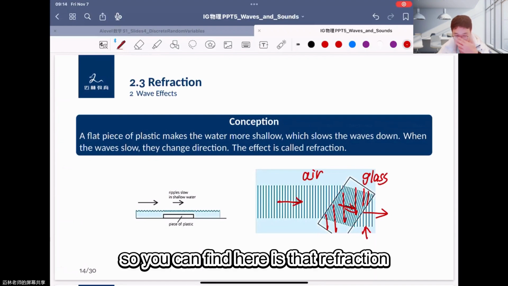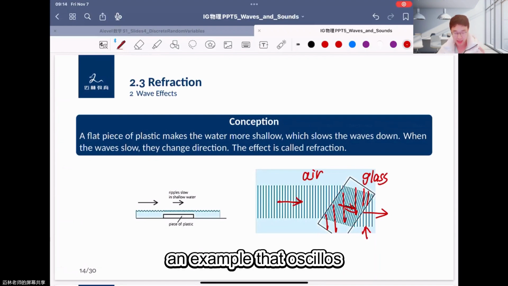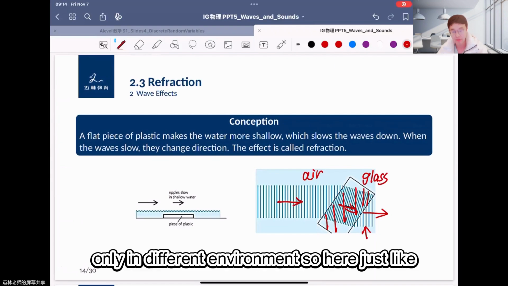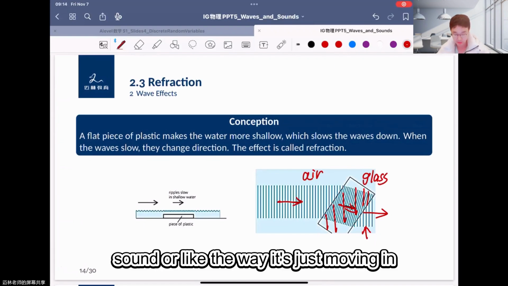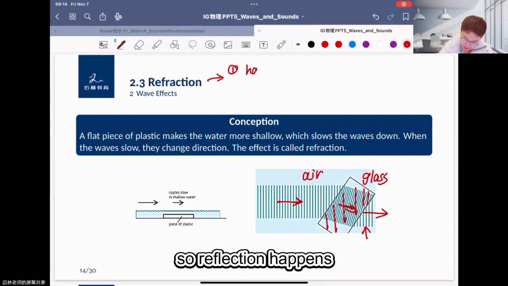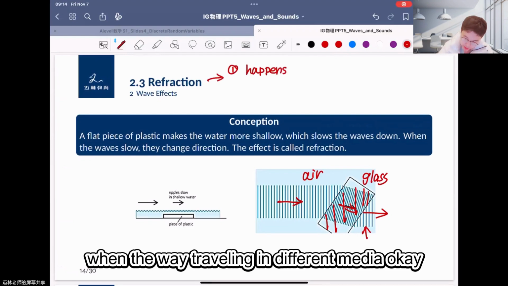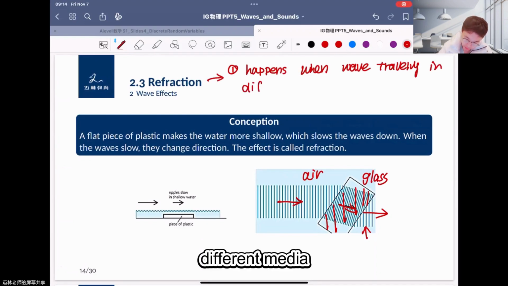So refraction means that a wave, like our example of oscillators running in different environments, is moving in different media, like sound waves. So refraction happens when the wave is traveling in different media.